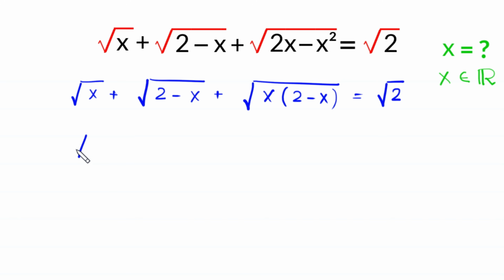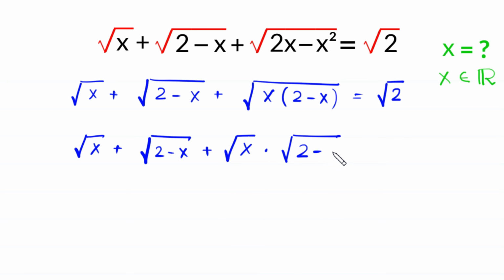Next, root x plus root 2 minus x plus this root of x times 2 minus x can be written as root x times root 2 minus x equal to root 2.